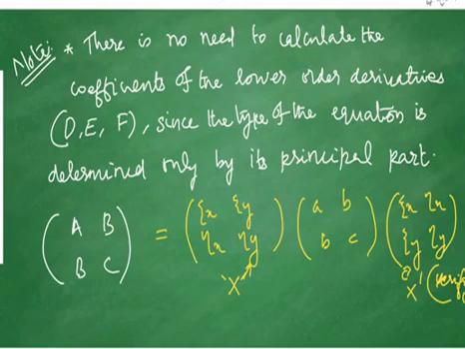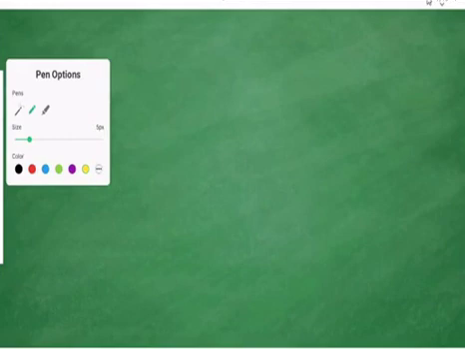Now we know the determinant of the first matrix X: that was the Jacobian of the transformation. So we denote by J the Jacobian of the transformation.